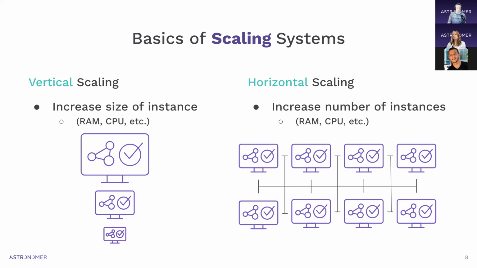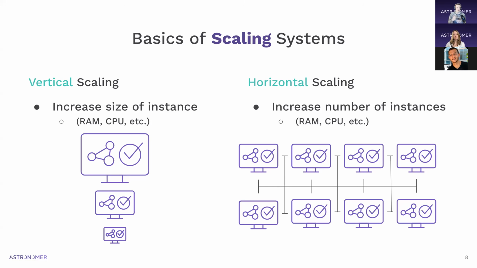Vertical scaling, like it says, is going to be increasing the size of the instance, adding more compute, more memory to a single instance. And then horizontal scaling is what we call scaling out versus vertical, which is scaling up. And the reason why we like to scale out is because you often get a better bang for your buck. It's going to be more affordable than just an infinite increase of a single instance, because that's going to get really expensive really fast.